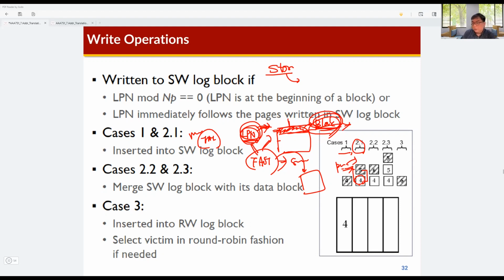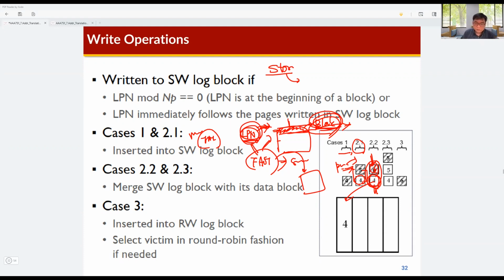So in this case, FAST also considers this write request a sequential write. How about this case? For this request, the start is the first page of the block, but the next request is page 6. So this is actually not a sequential write.